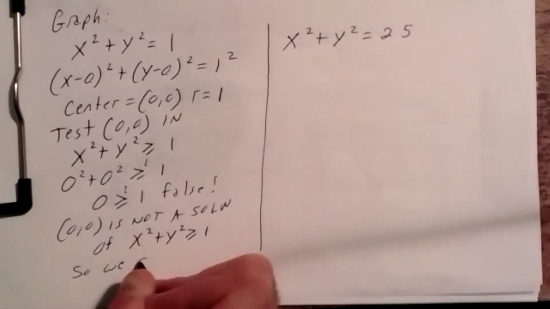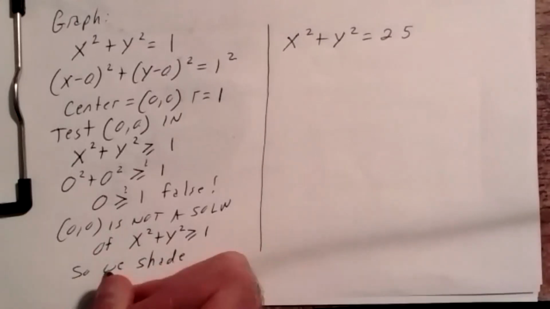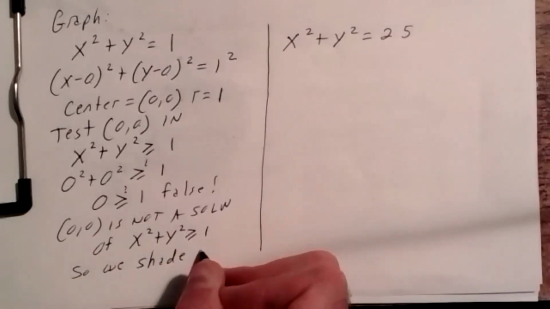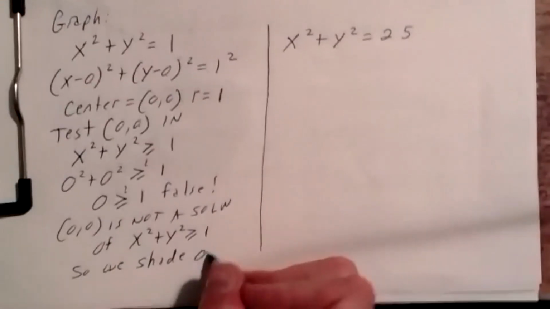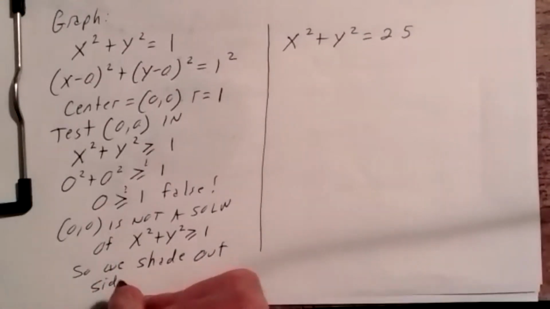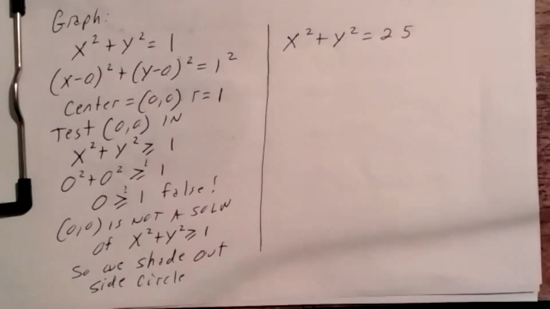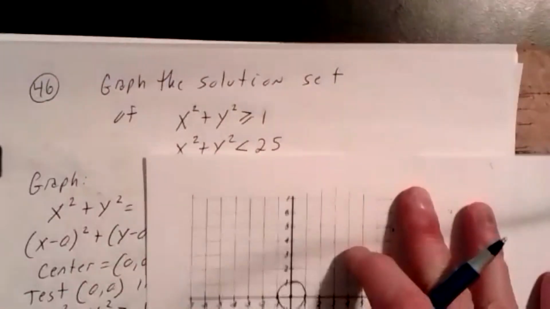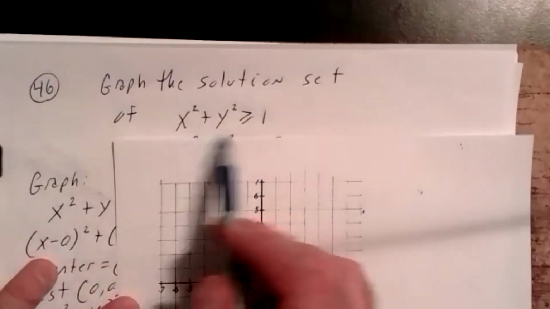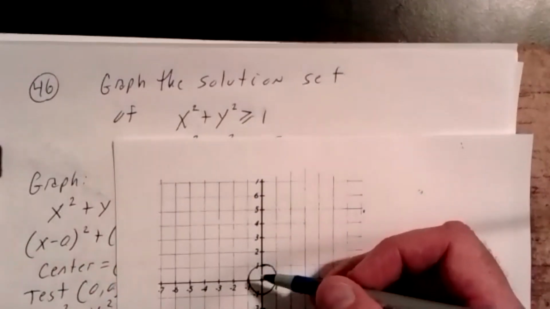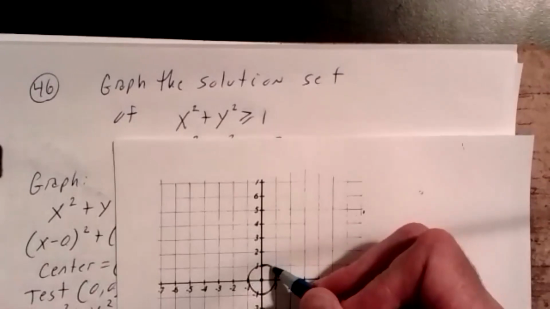So we shade where? Do we shade inside the circle or outside? Outside. Yeah, we have to shade outside the circle. So the graph of the solution set of the first inequality of our system is going to have us graphing what?